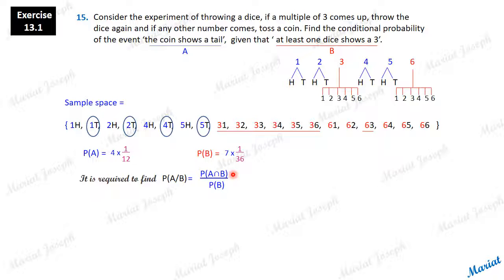But look, event A had these 4 circled outcomes. Event B has these underlined outcomes. There is no common element. There is no single outcome that is common. Hence, the numerator, probability of A intersection B, is 0. No chance for both A and B to happen. So the conditional probability of A given B is 0 upon 7 by 36, that is 0.